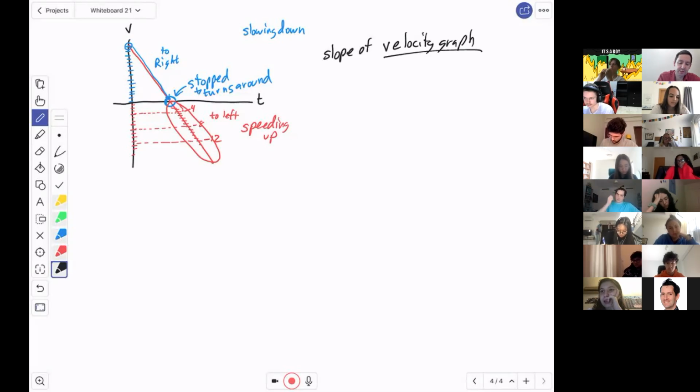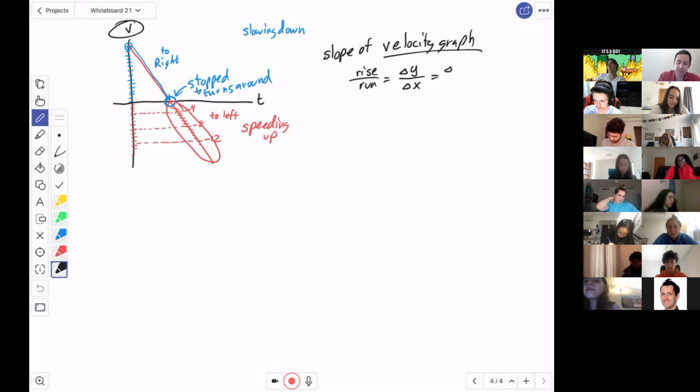Remember, the slope is the rise over the run, or the change in y over the change in x. Y is velocity, so that's the change in velocity over x, which is time. What is the slope of a velocity graph?